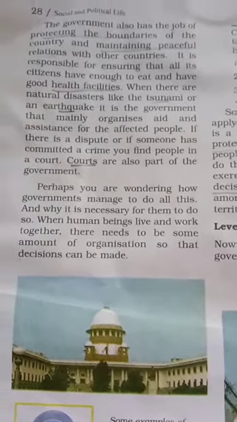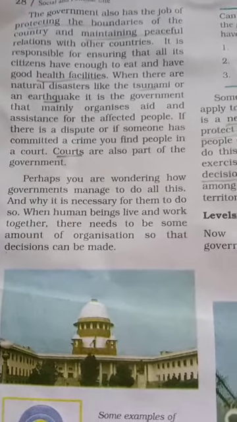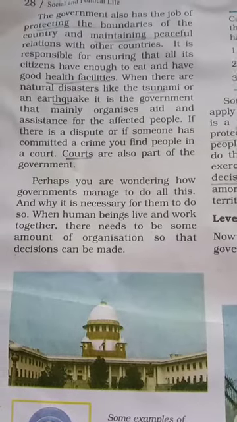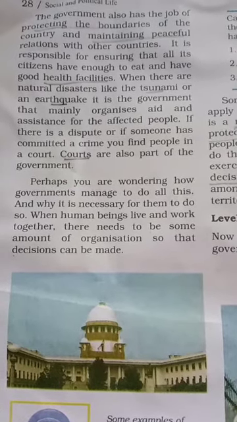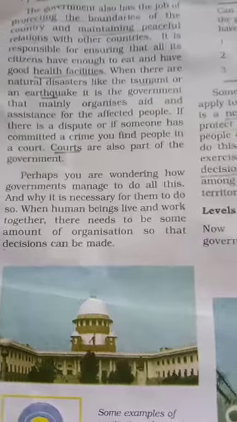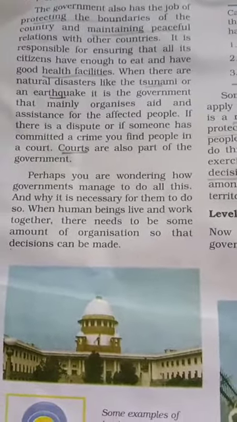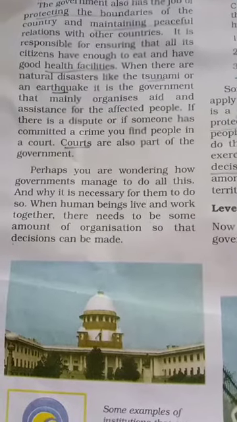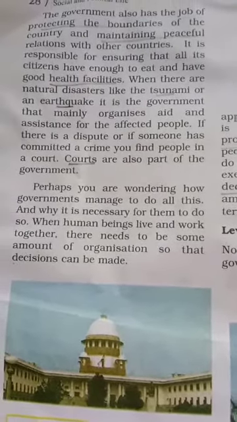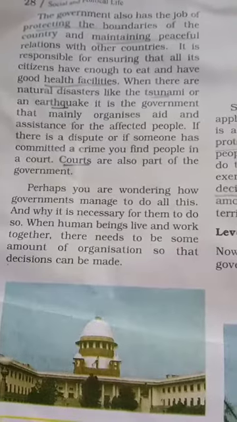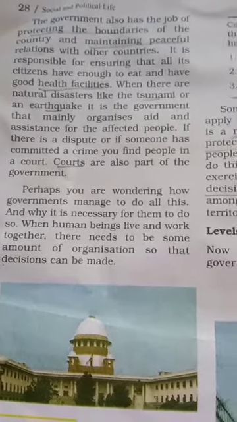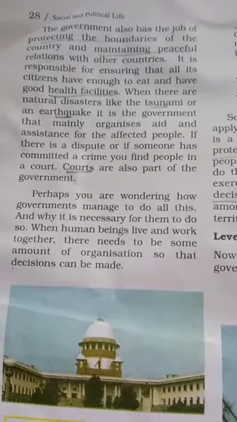Okay, it is responsible for ensuring that all its citizens have enough to eat and have good health facilities. So, about the duty of the government again, to supply food, and to ensure that all people are getting enough food and also good health facilities.